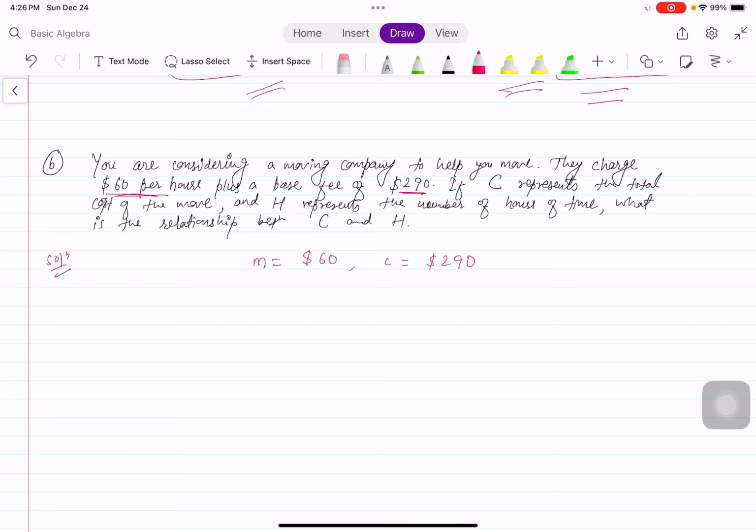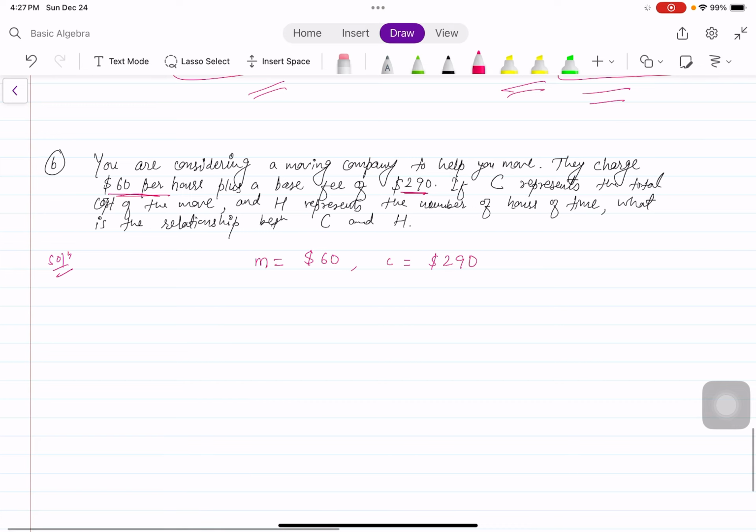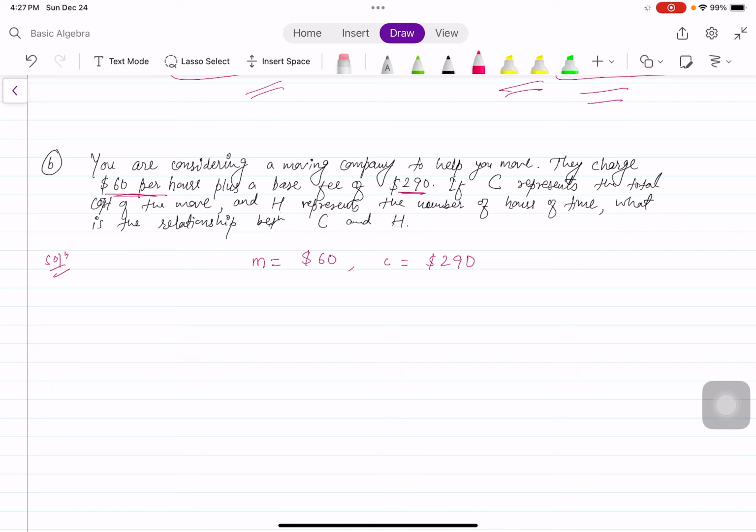And what are we modeling here? If C represents the total cost and h represents the number of hours, the total cost depends upon the number of hours, right? So we are trying to model the total cost with respect to the number of hours.